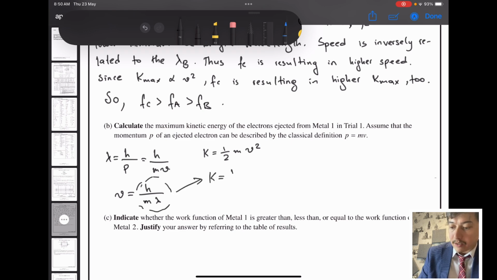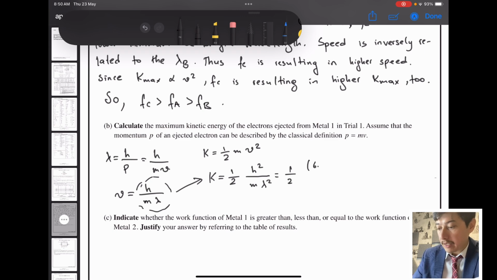So kinetic energy becomes half h squared divided by m wavelength squared. Next, substituting numbers. So we have half, Planck's constant from the formula sheet.